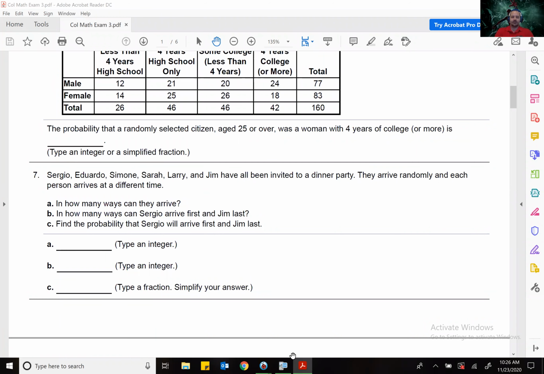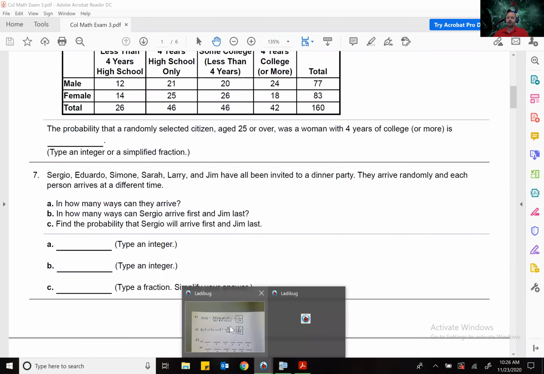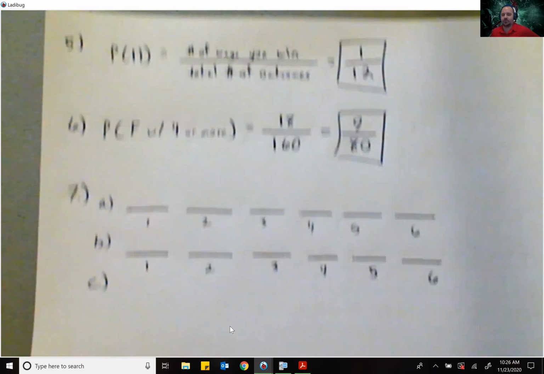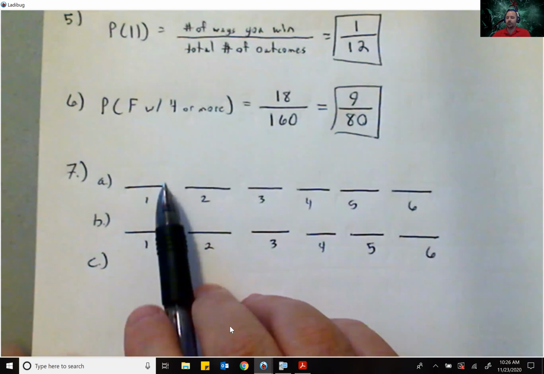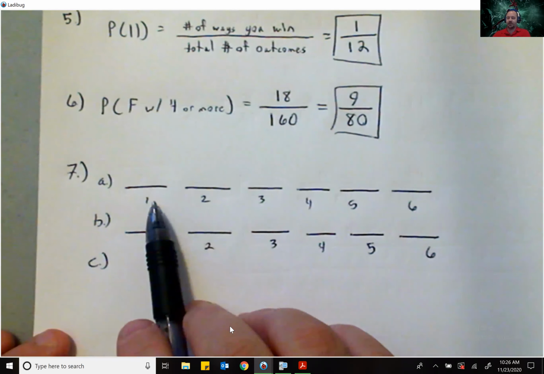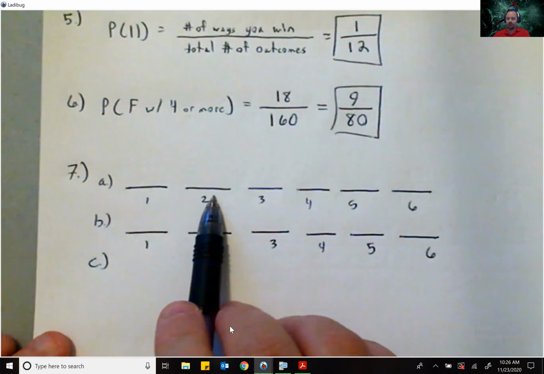So let's talk about this. So we've got 6 people coming to a dinner party. They're all coming and they arrive one at a time. So this is the fundamental counting principle. Okay. So the reason being, because this first person, you got like different groups here.